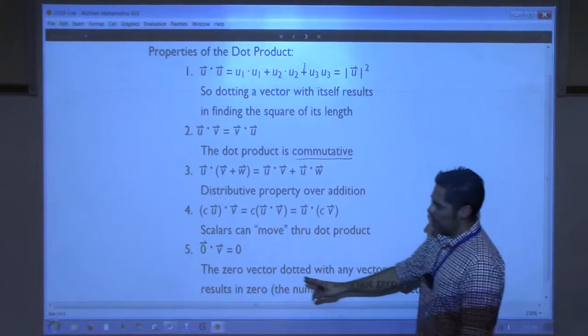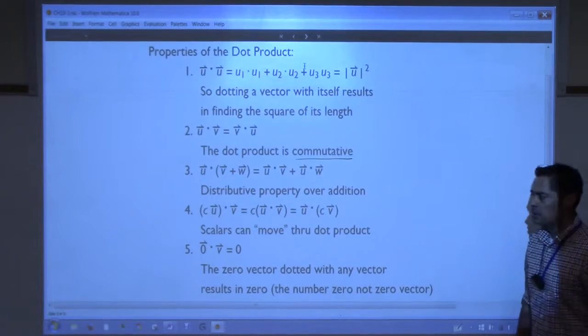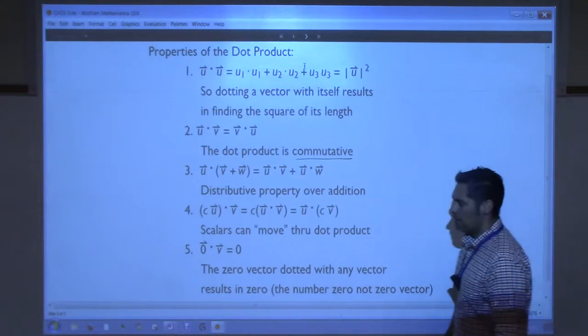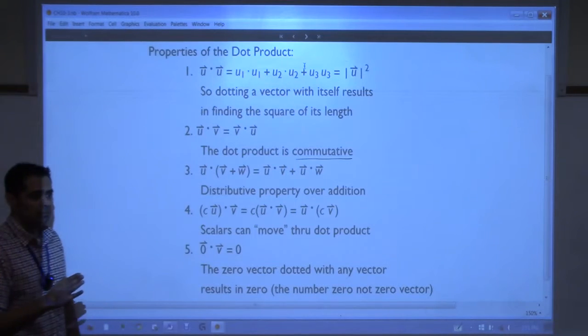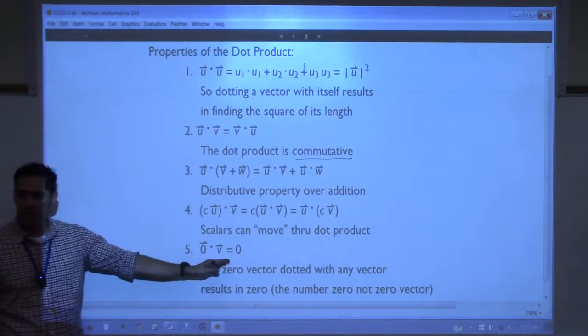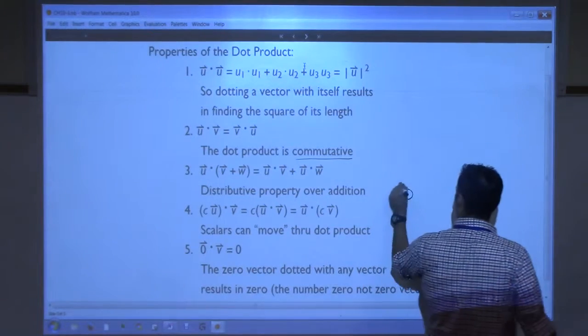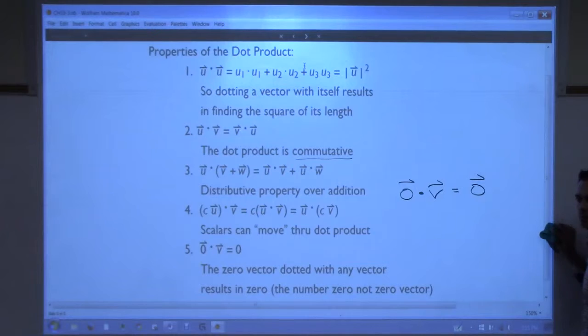Look at this one. The 0 vector dotted with v is 0. The number 0? The dot product of two vectors is always a number, isn't it? So is this correct notation? Yes, that is correct. This would be incorrect, because that's not a number.